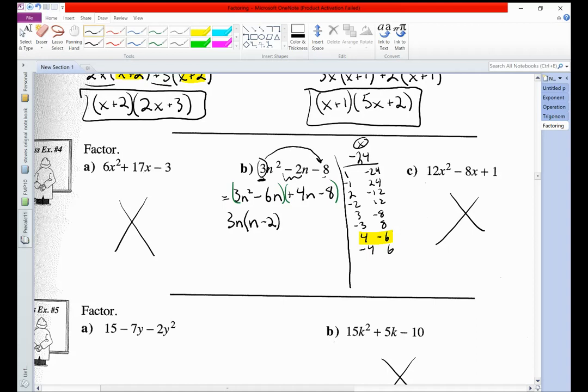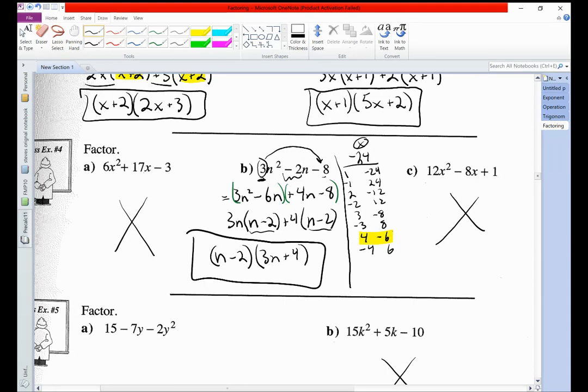And in the second bracket, I can pull out a positive 4, and I'm left with n minus 2. I know I'm on the right track because my binomials match, so I can factor out n minus 2, and I'm left with 3n plus 4. If you want to double check, you can FOIL it all and see if it works out.